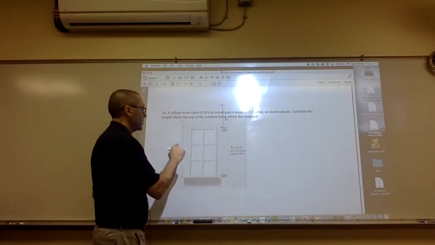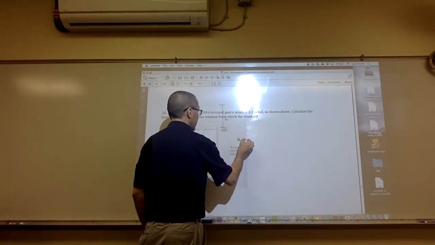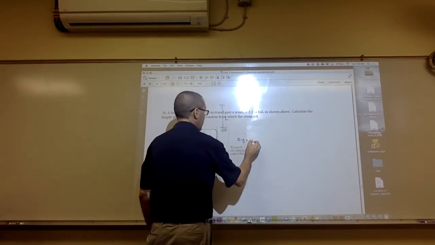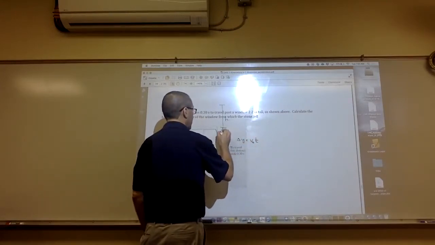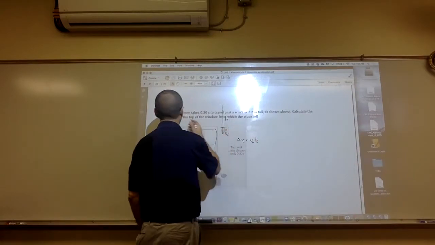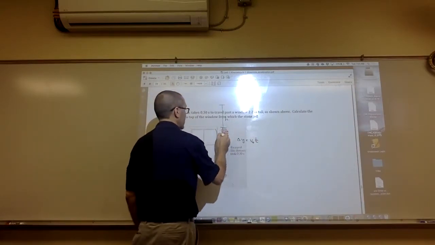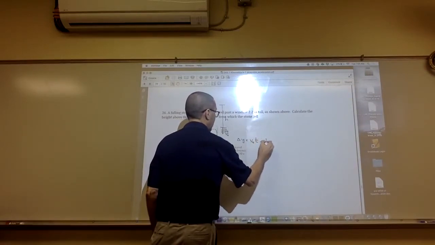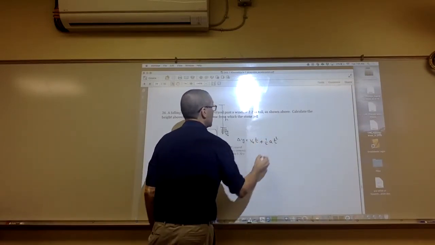So I'm going to use the equation that doesn't talk about the final velocity, and I'm going to call this delta y basically: delta y equals VO t. Now the VO is the speed that the stone is going to have when it's at this level here, plus 1/2 a t squared.